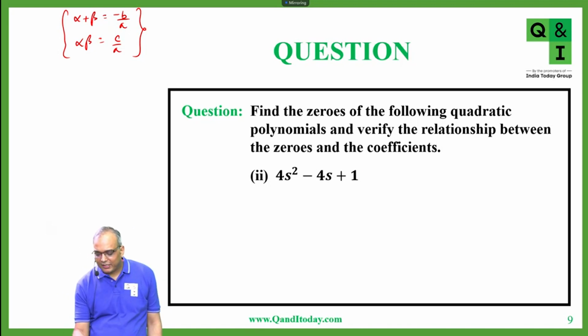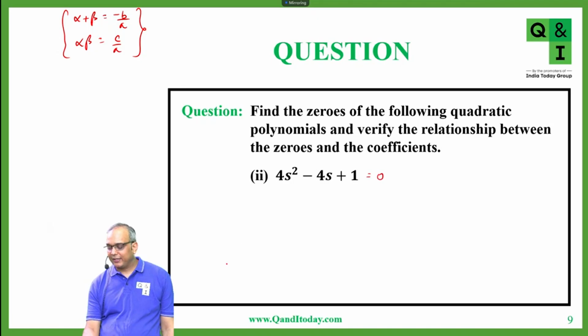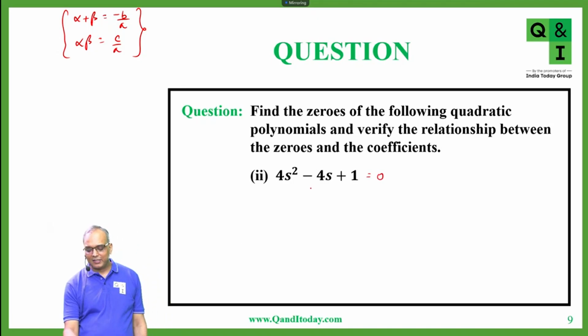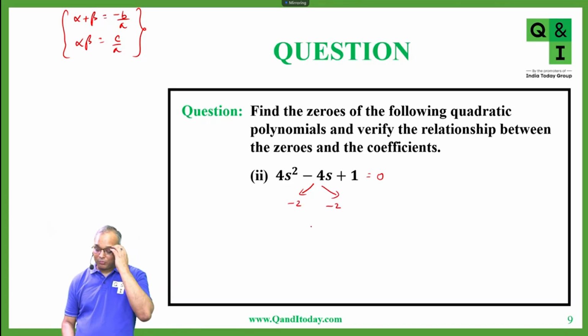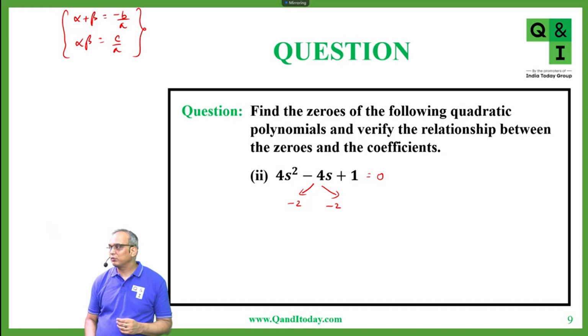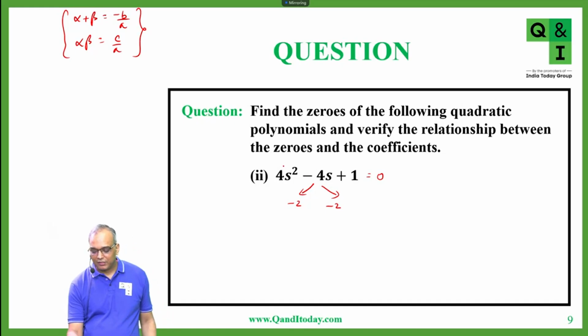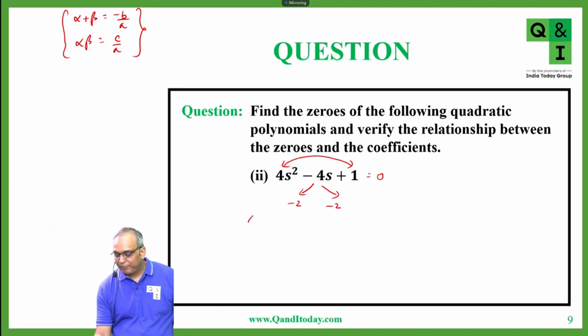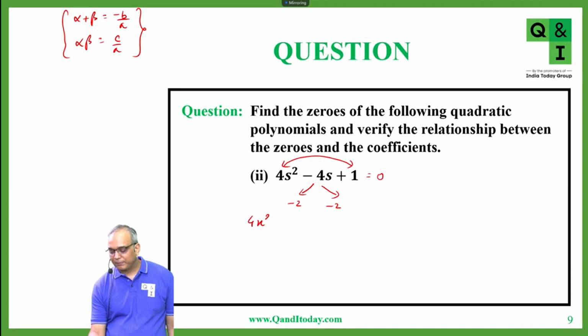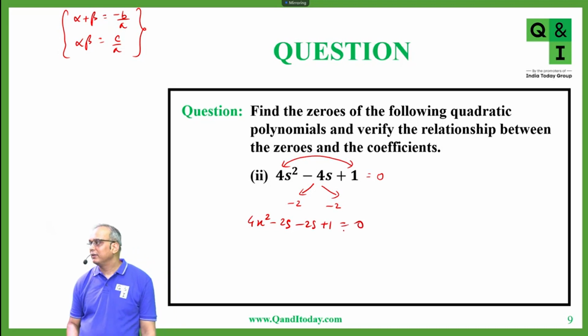So if you equate it to 0 and do the middle term split, we have minus 4. So you will break it into minus 2 and minus 2. Minus 2 plus minus 2 is minus 4 and the product is plus 4, which should be equal to the product of the first and third terms. So if you split this middle term, 4s square minus 2s minus 2s plus 1 is 0. Yes, Raghavi, the zeros are 1 by 2 and 1 by 2.